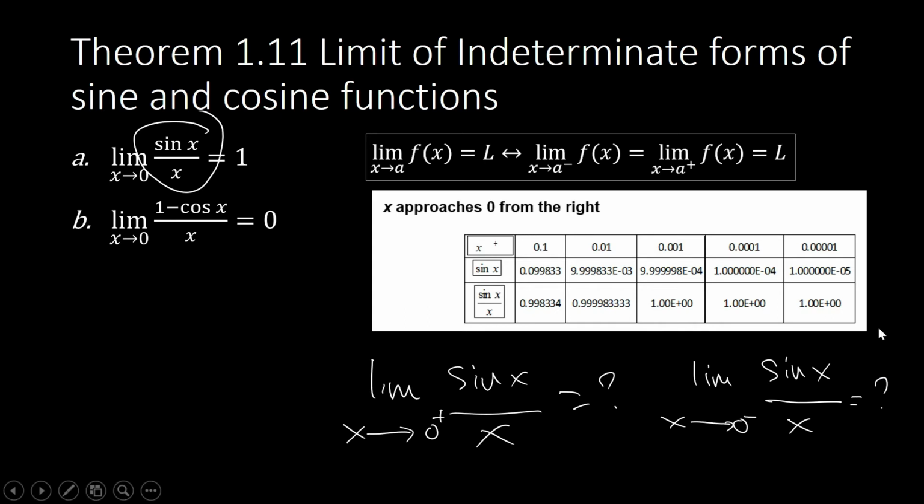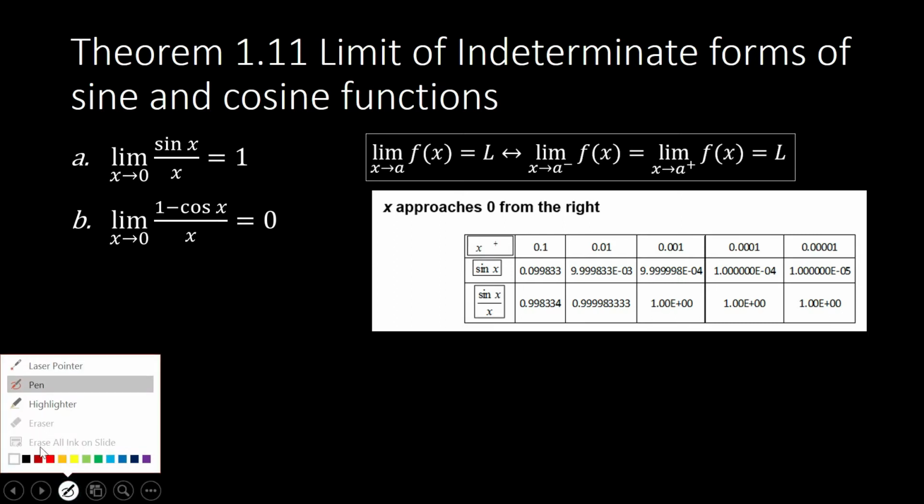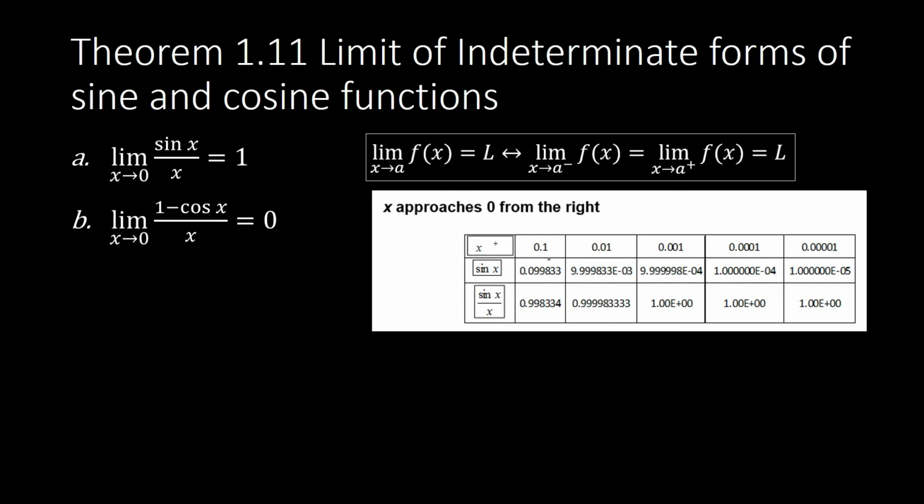Well, we can do that with the help of a table. In the first row, we have values of x to the right of 0. We can begin with 0.1, 0.01, 0.001, and so on, until we get to a small real number closer to 0.